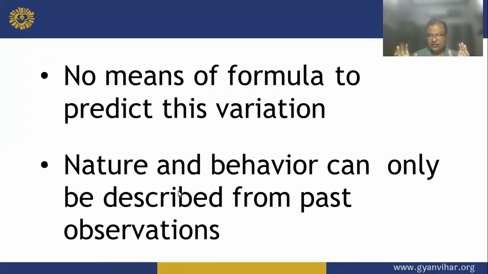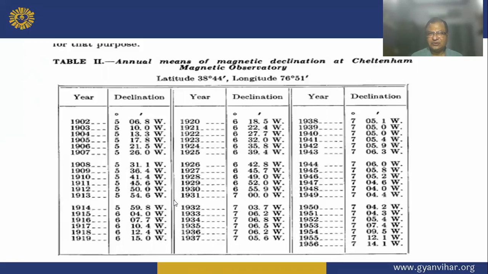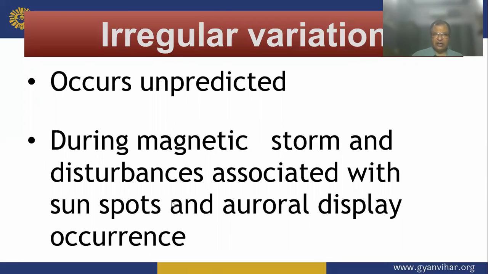Its nature and behavior can only be described from past observation. This is a table which I have presented for your observation. Irregular variation occurs unpredicted, during magnetic storms and disturbances associated with sunspots and auroral display occurrence.